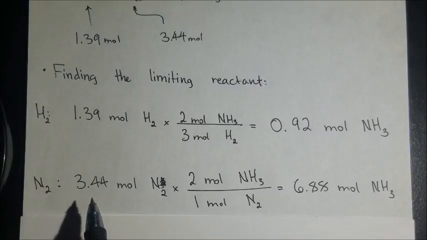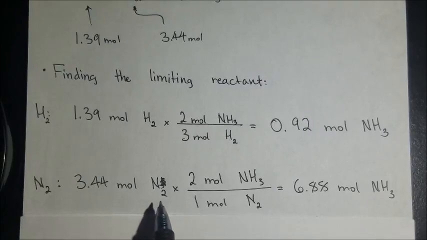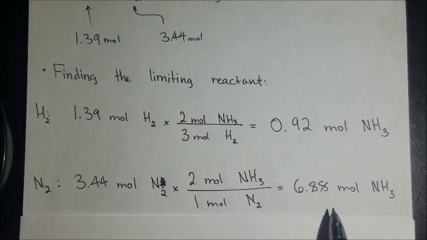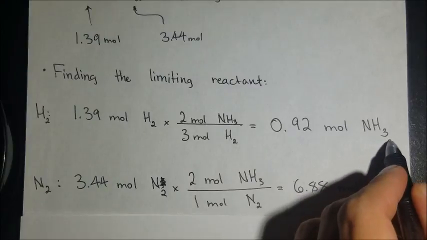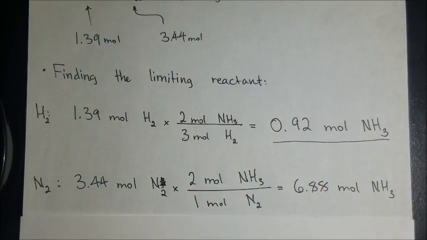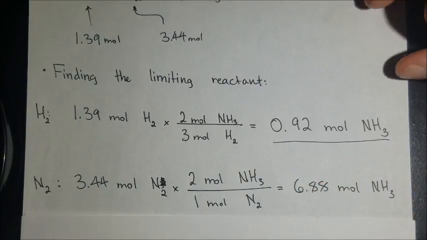And then we did the same thing for nitrogen. We got 3.44 moles of nitrogen multiplied by the mole-to-mole ratio from the equation. We found that with 3.44 moles of nitrogen, we make 6.88 moles of ammonia. And so from this clearly we can glean that the limiting reactant is indeed the hydrogen.